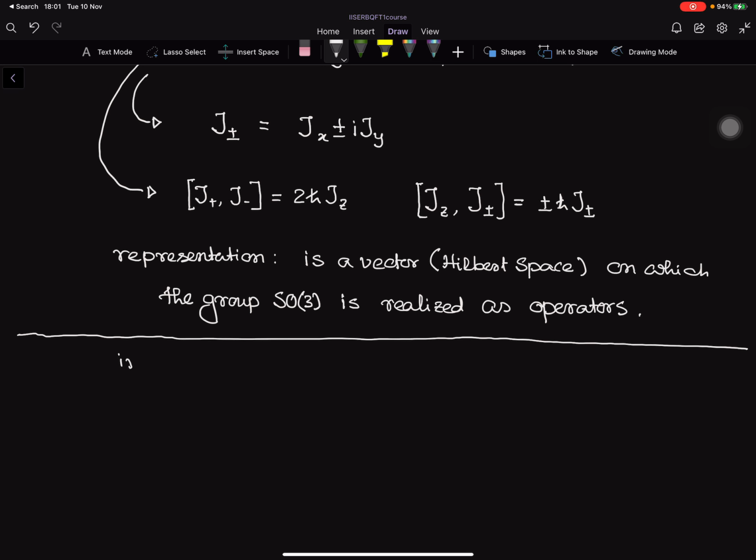For the irreducible representation, there is a unique element, J square, which commutes with all the generators.